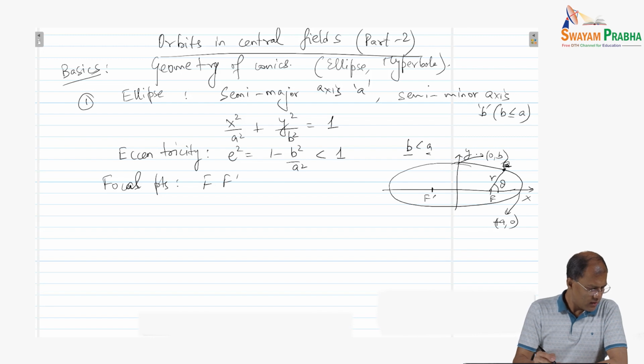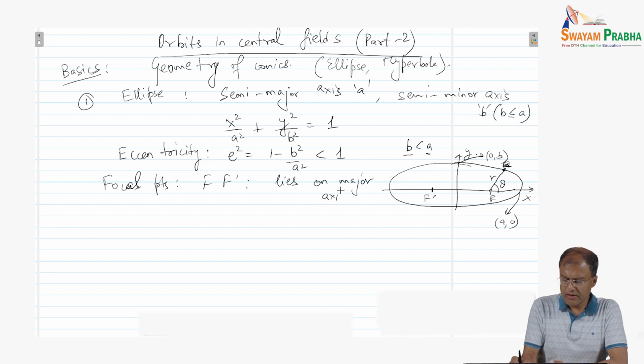The focal points F and F prime lie on the major axis, in this case along the x direction, and they have the coordinates plus minus AE comma 0.